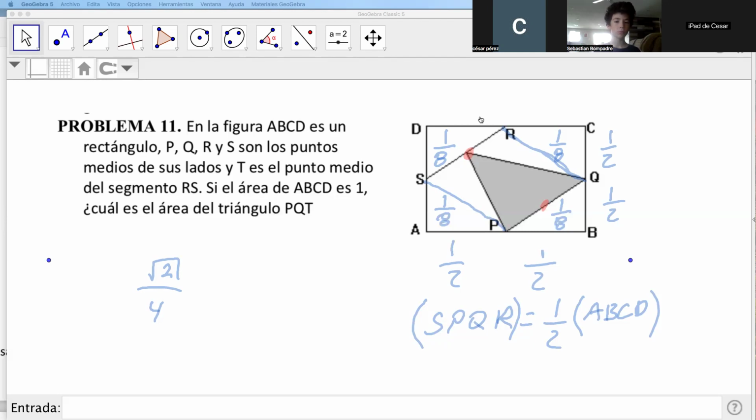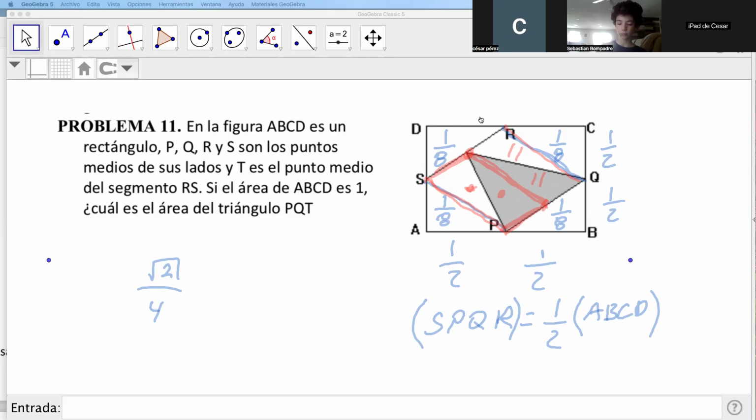If we draw this line, this will be parallel to this. So here we have a parallelogram. So this triangle is equal to this one, and this triangle is equal to this one. Since T is the midpoint of S and R, that means that the triangles are congruent.